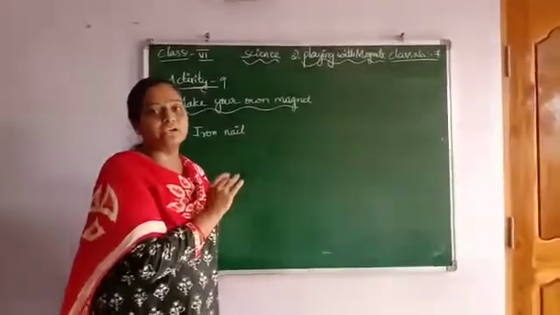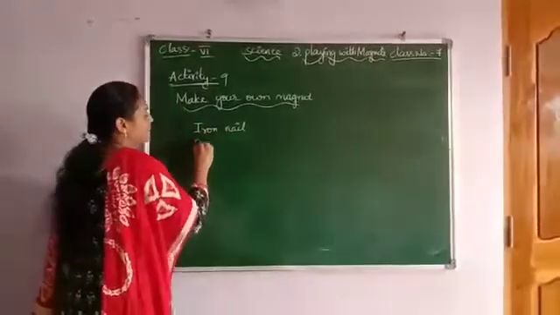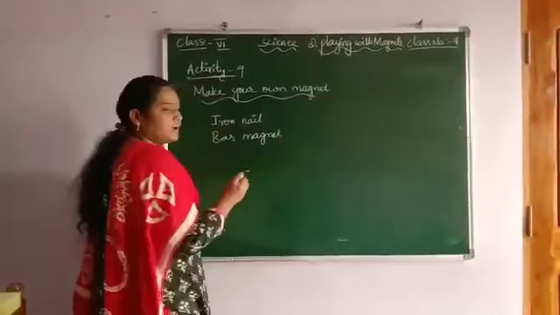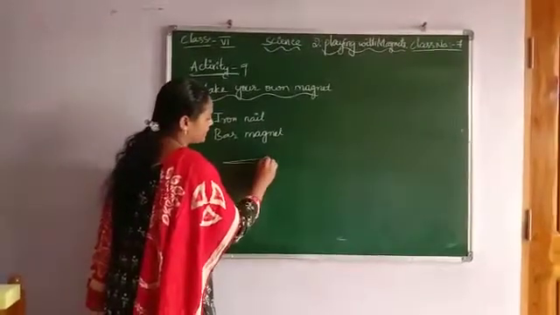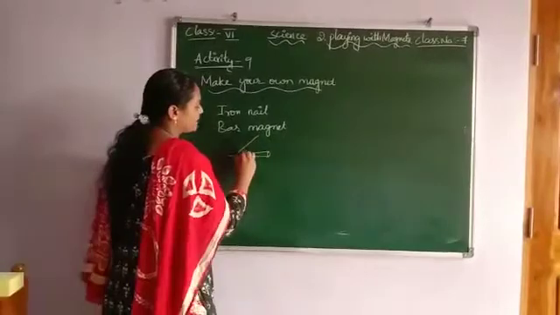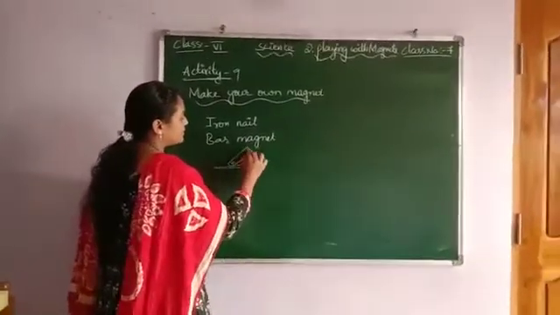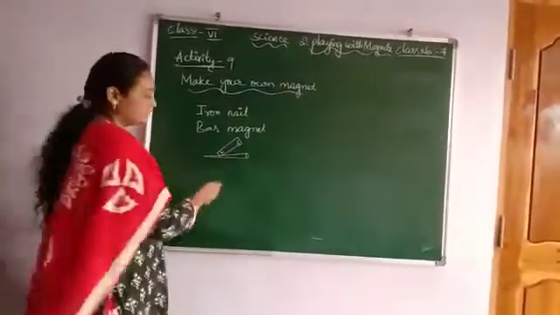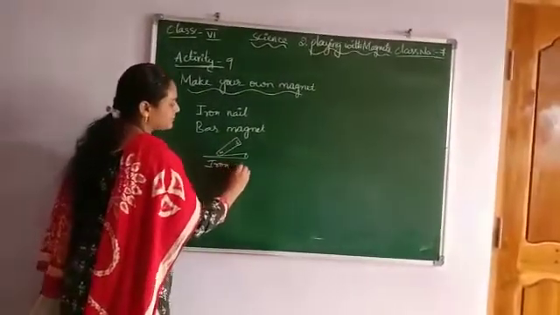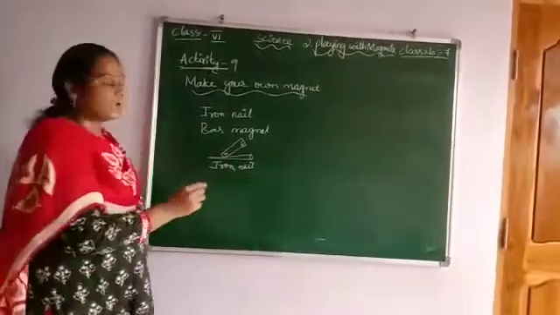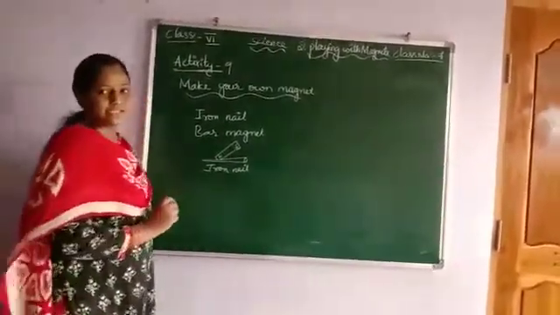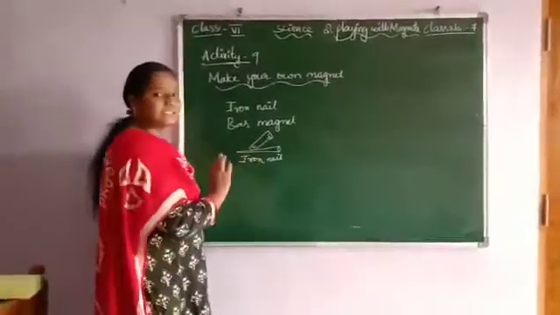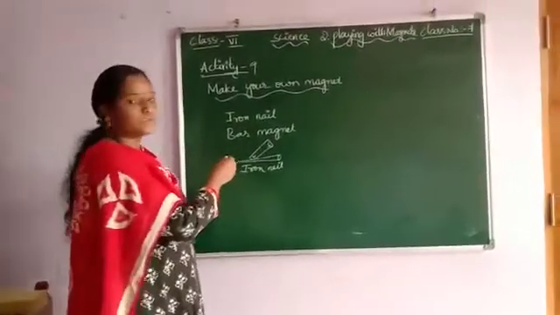Take a piece of bar magnet, take one edge of the bar magnet and rub it on the iron nail. This is the iron nail. What happens? They are going to attract each other. After attracting, it is going to be released after some time when we suspend it freely.